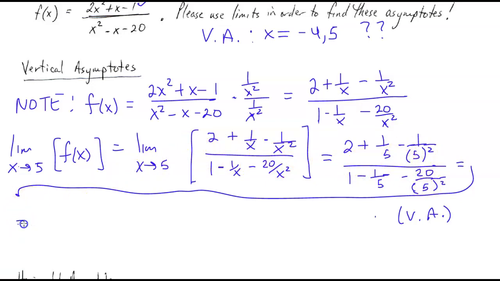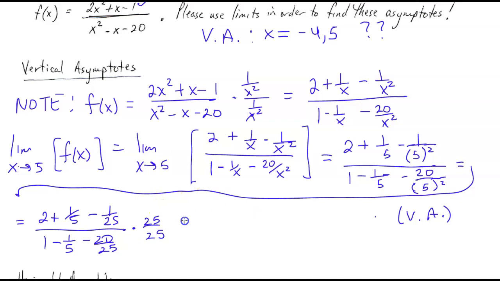So we have 2 plus 1/5 minus 1 over 25. And the denominator would be 1 minus 1/5 minus 20 over 25. And again, to make the math easier, I'm just going to multiply by 1, but let 1 be 25 over 25. So now I have 50 plus 5, because 25 times 1/5 is 5, minus 1.